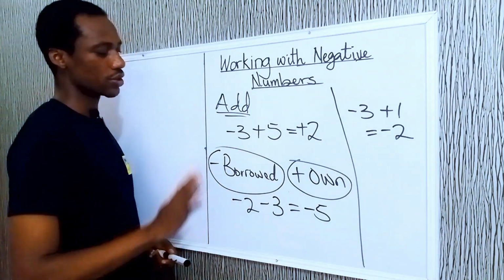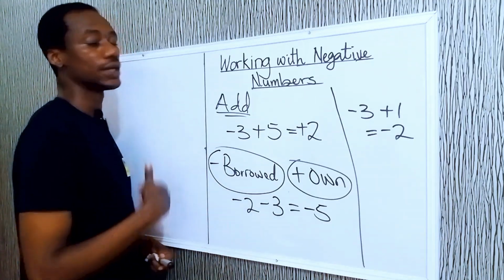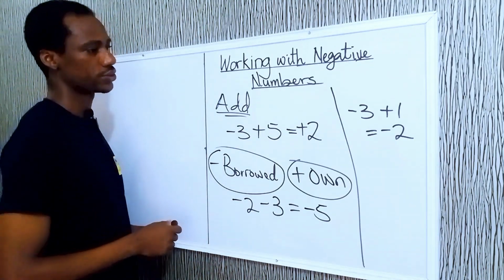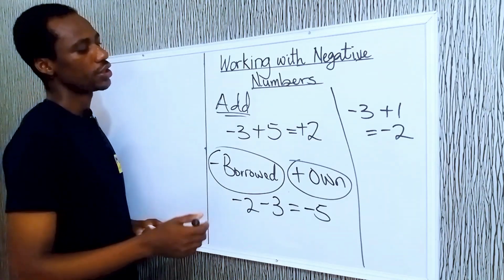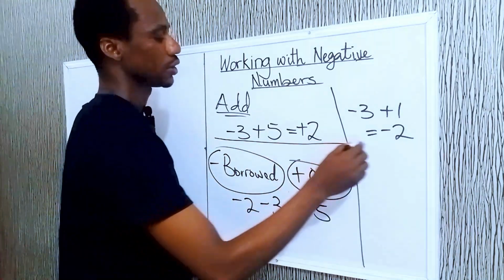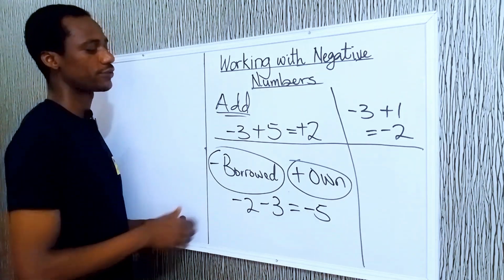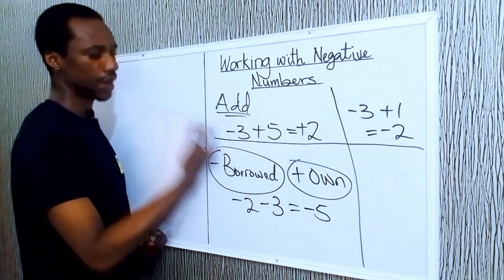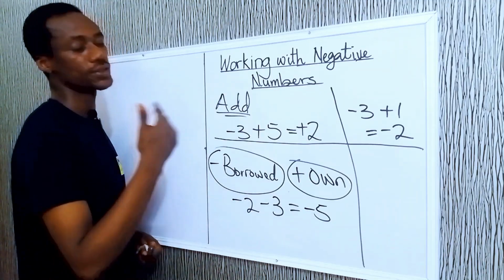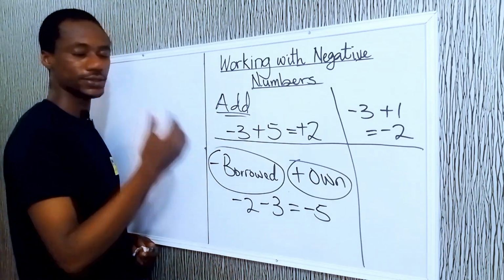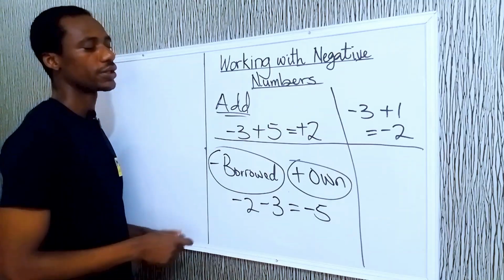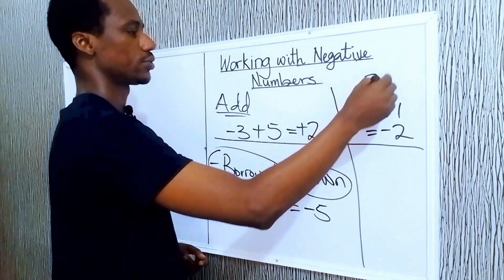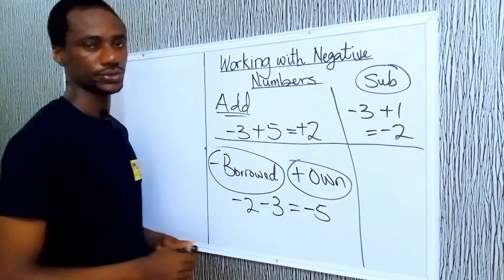We've talked about the concept of owing and having, borrowing and owning. Now I want to call your attention to something. If you have this kind of question where you have 2 different signs, no multiplication, no division, minus this plus that, or minus that plus this, the operation is always subtraction.